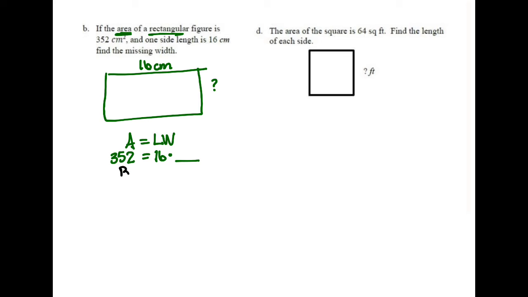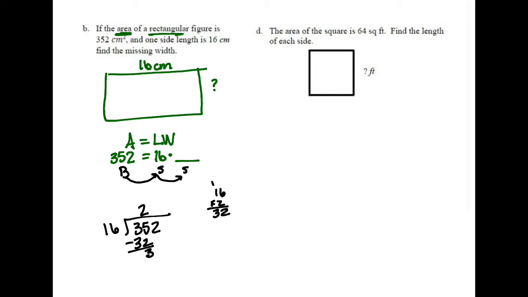So we know a big one and a small one, and we're looking for the other small one. So we're going to divide by one small one to get the other one. So 352 divided by 16. So 16 times 2 is 32, and that's what we need.